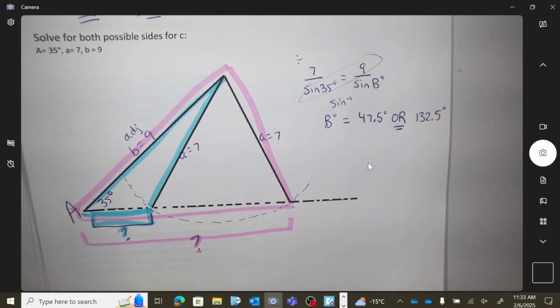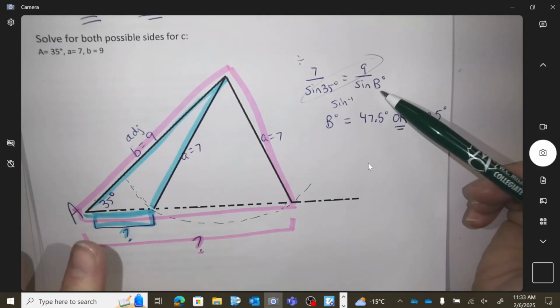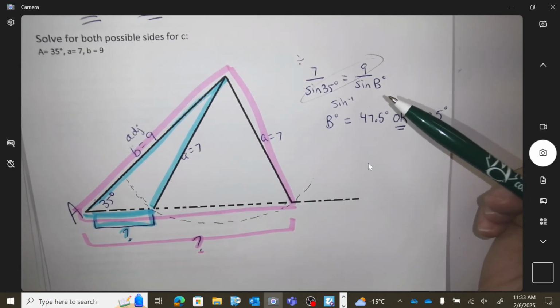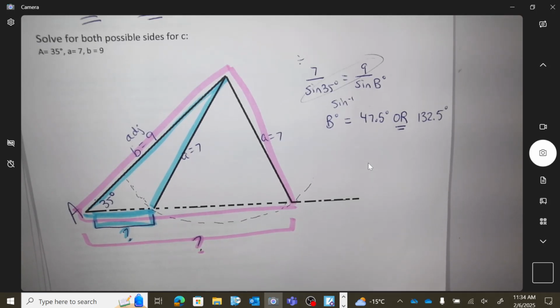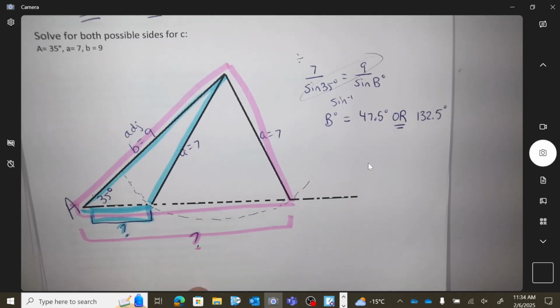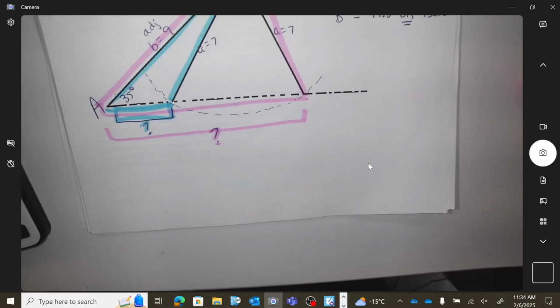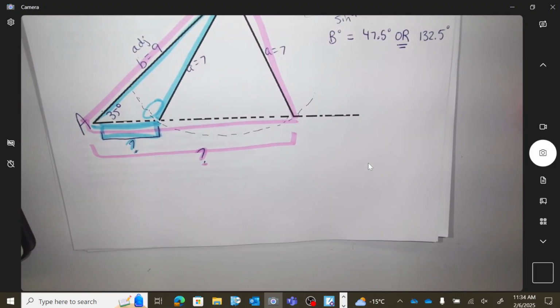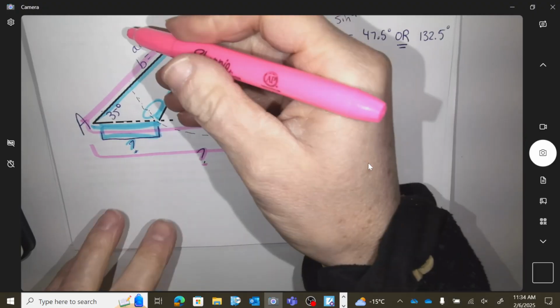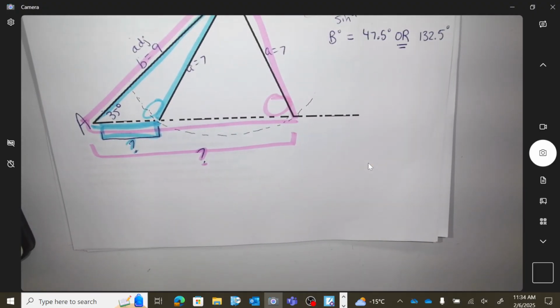Okay, so here's what we're thinking. This angle is across from 9. Can you go into my triangles and say, across from 9, I have a blue triangle, and across from 9 in a pink triangle. So here's where I'm looking. Across from 9, blue is there, and across from 9 on my pink is there. Do you know where you would put what?